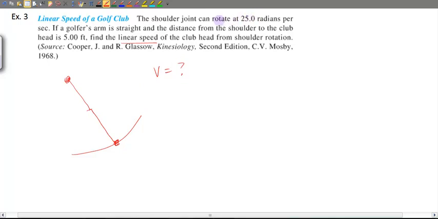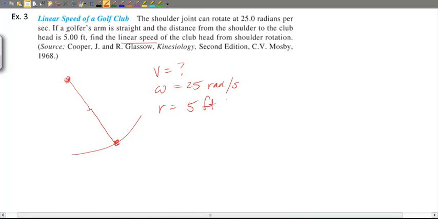We are given that the angular rotation of the shoulder and ultimately the club is 25 radians per second. And we know that the golfer's arm from the shoulder to the club head is 5 feet. So that's the radius.